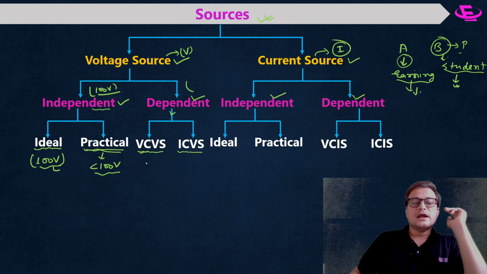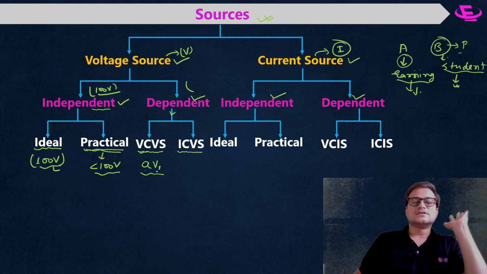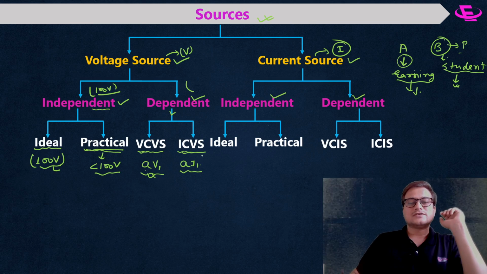For example, its value is A into V1, where A is a constant and V1 is the branch voltage, the voltage across the first branch. That is VCVS. Similarly, the current controlled one will be A into I1. That means its value depends on the current flowing in another branch.